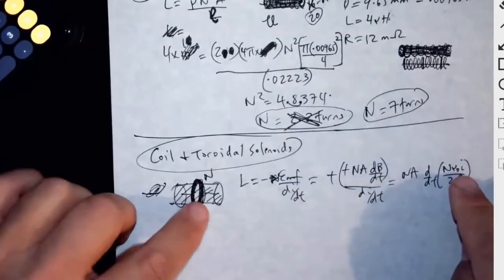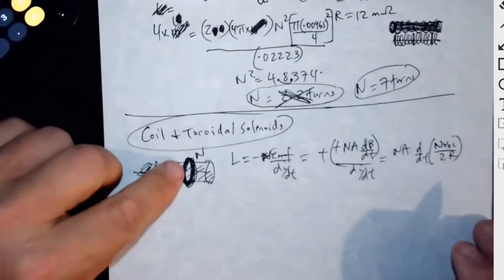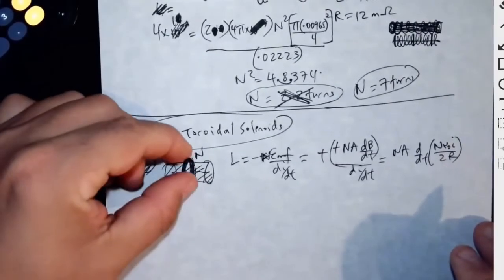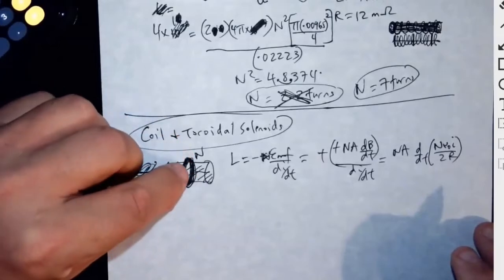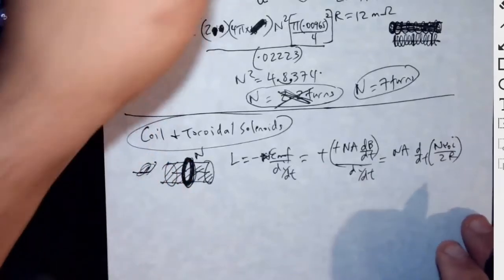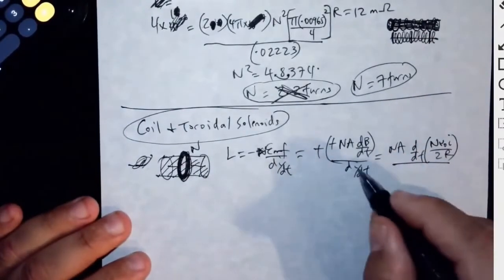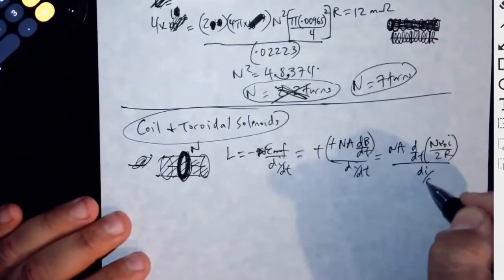I'm using the B at the center of the coil, right? So I'm going to assume the coil is small, so the center is an average sort of value for the B field. So then you're going to have that divided by di dt.